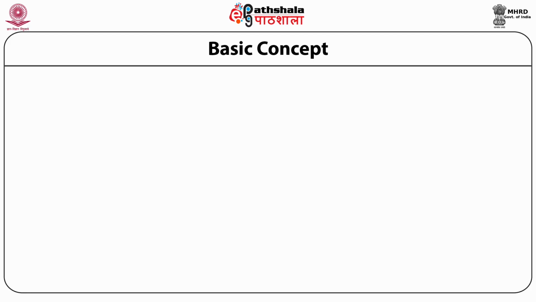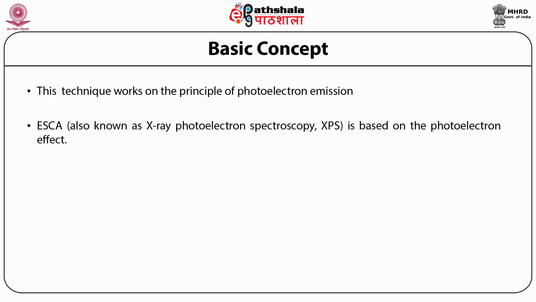The basic concepts involved in this spectroscopy called ESCA: this technique works on the principle of photoelectron emission. ESCA, also known as X-ray photoelectron spectroscopy or XPS, which is another name given to this technique, is based on the photoelectric effect.